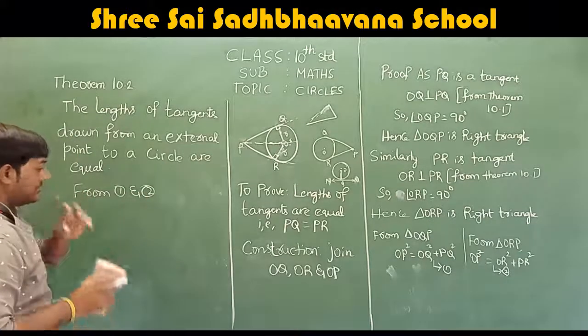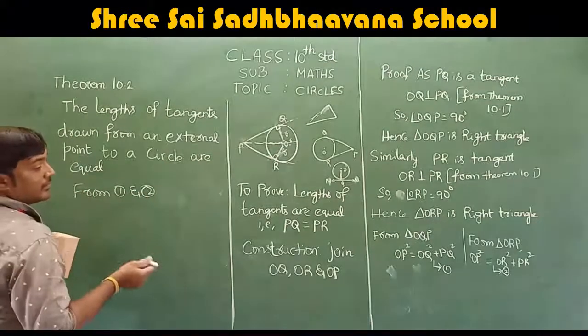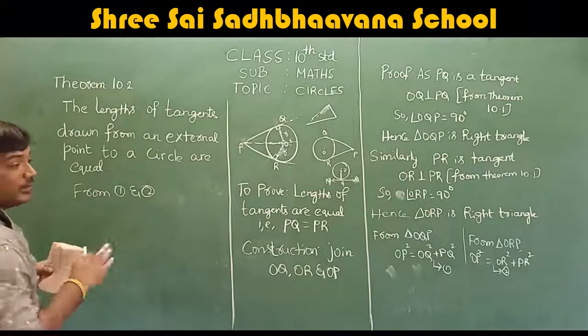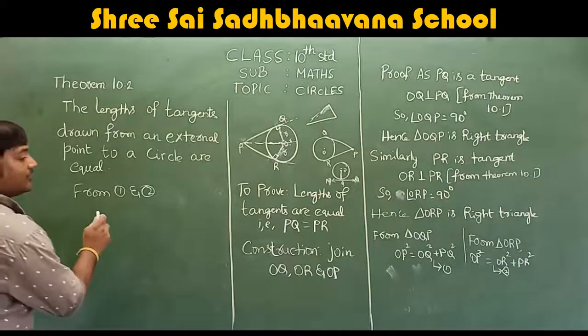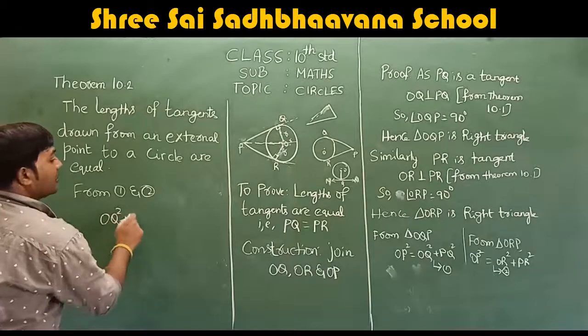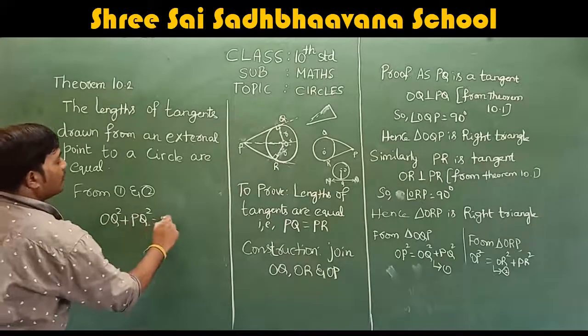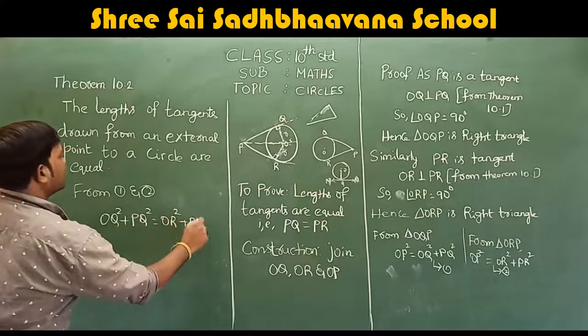if LHS is equal, can we equate RHS? So we can equate OQ square plus PQ square is equal to OR square plus PR square.